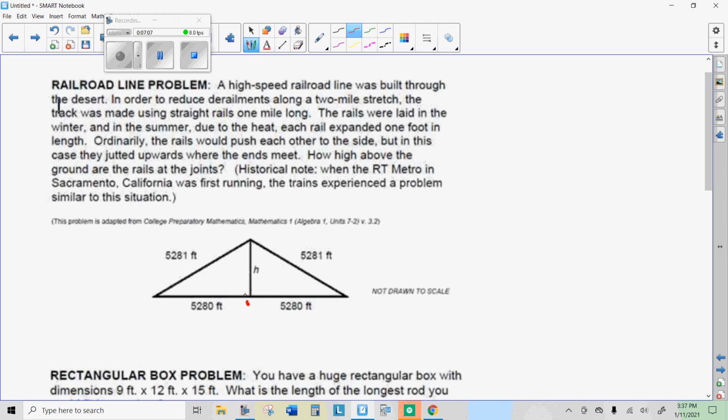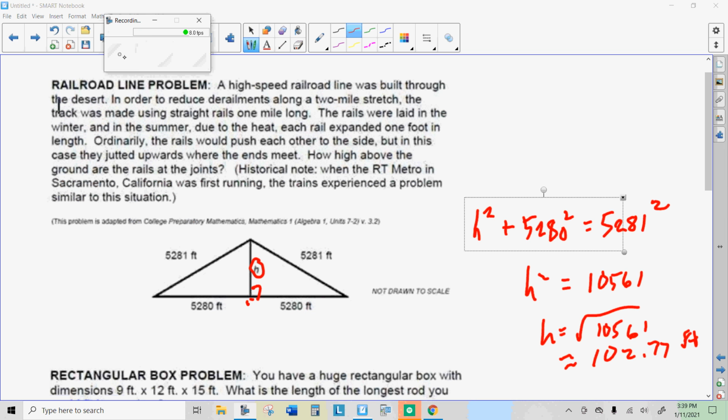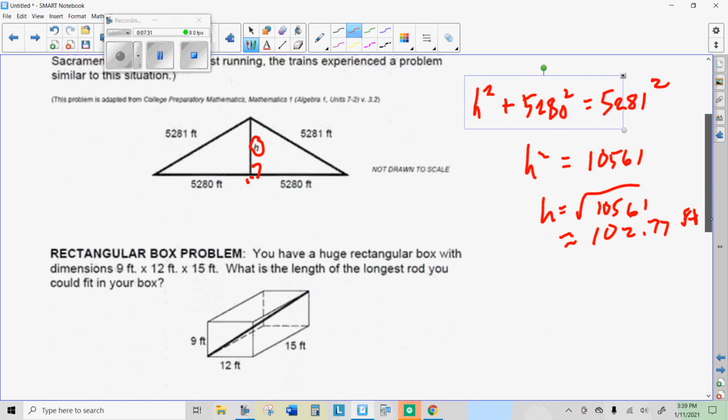So this diagram was made to see how high it would go if the ends were stuck. Basically, this is a right triangle here. So we're wondering how high that would lift up. Use Pythagorean theorem to find that. All right, here's what I got for that.